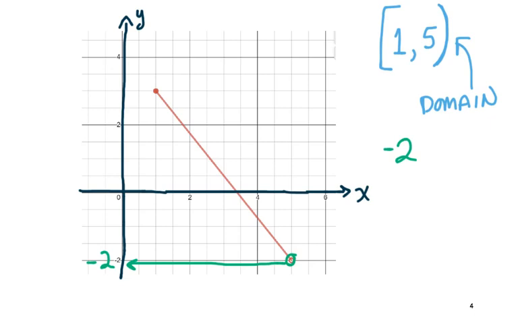Okay. And then we also have to look at what is this function's highest value. We are going to take the highest point on the graph and project it right here. And we get a 3, right? This is 2, this is 4, so this must be 3 right here. So we're going to put a comma and a 3.